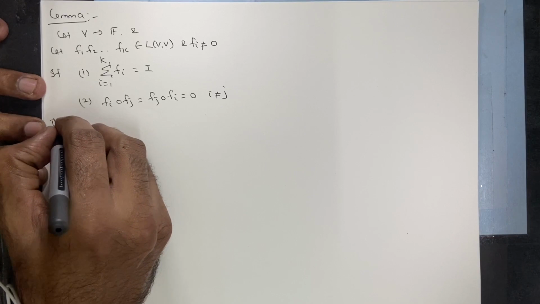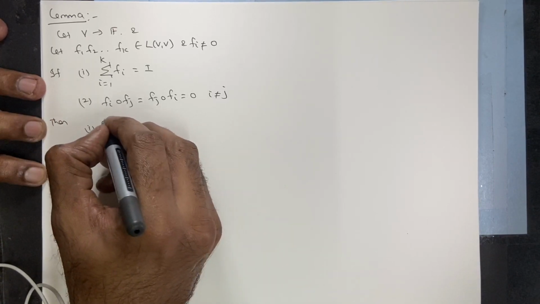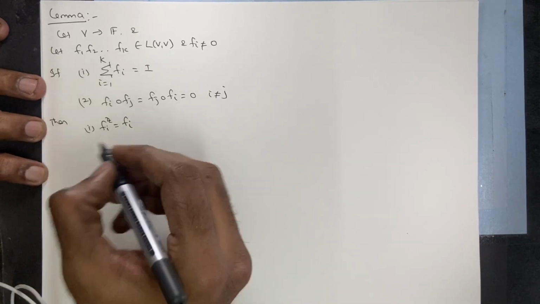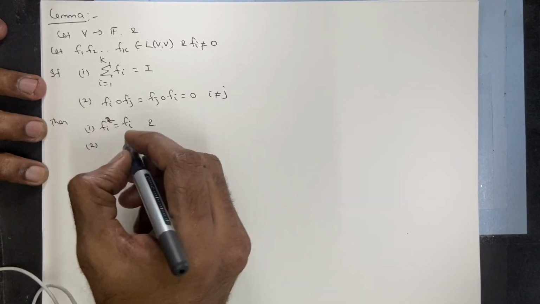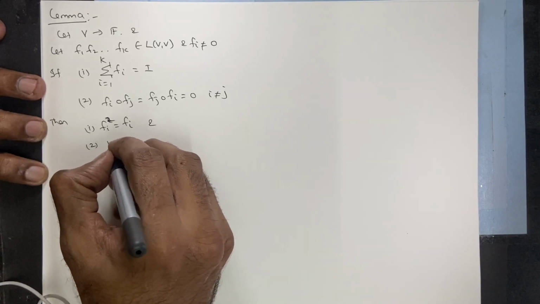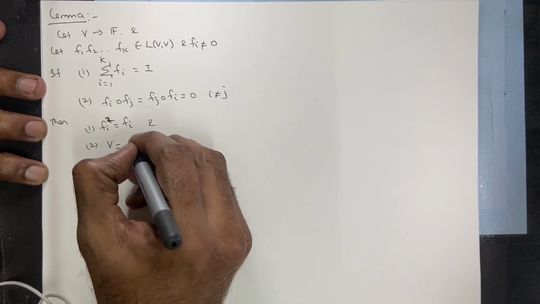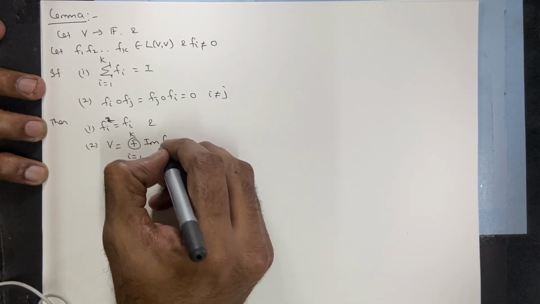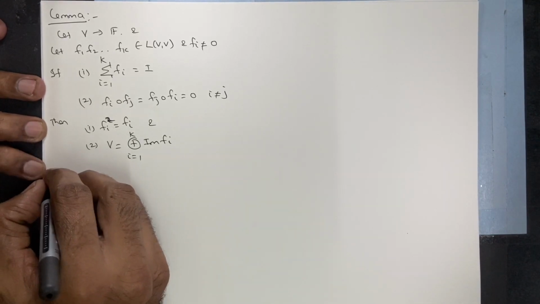Then these two conditions are sufficient to say that all these Fi's are idempotent operators, Fi square is equal to Fi, and this also gives rise to a decomposition of V, namely V can be written as the direct sum, i running from 1 to k, of the image of Fi. So this is the lemma.